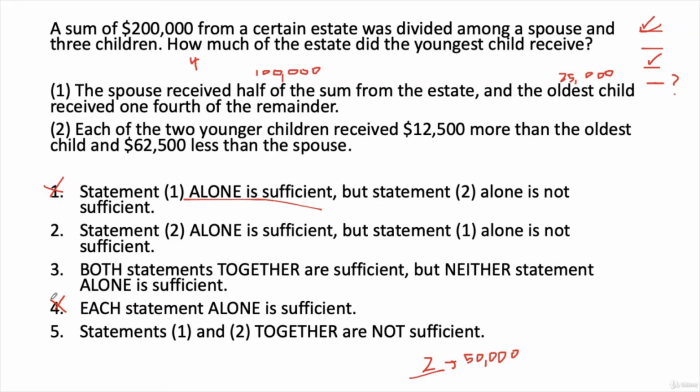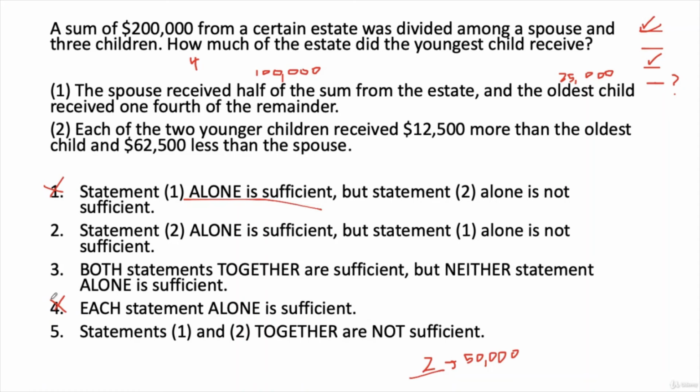Now we look at statement number 2. Statement number 2 says each of the two younger children receives 12,500 more than the oldest child and 62,500 less than the spouse.